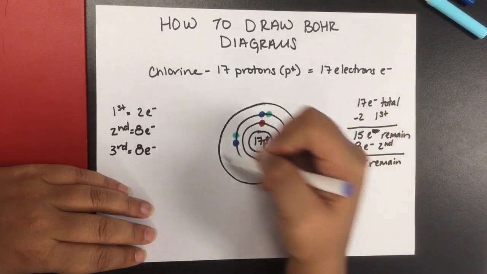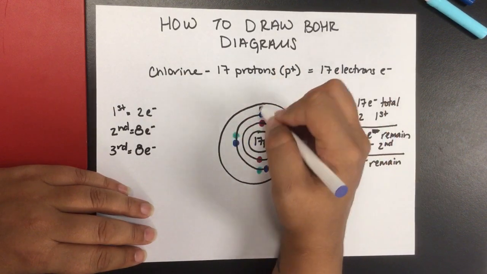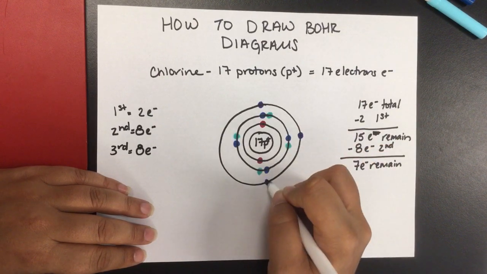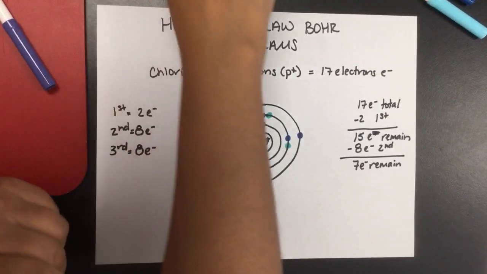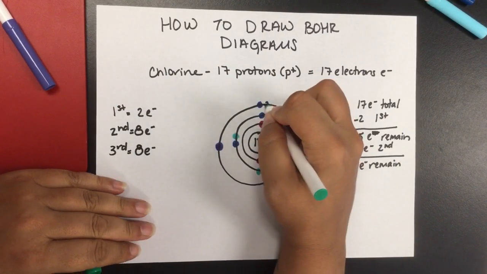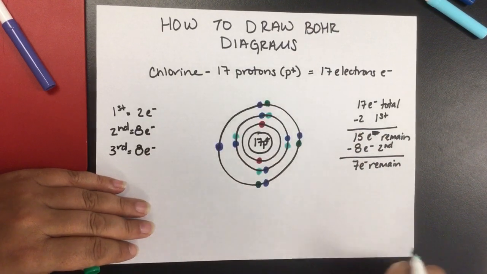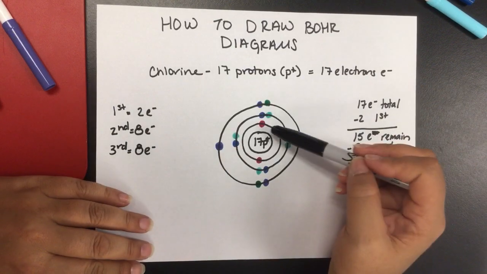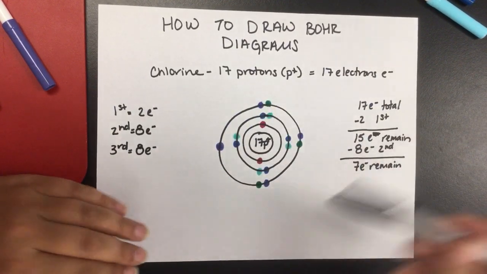I'm going to go all the way around at 12, 3, 6, and 9 before I start to pair. So I got 1, 2, 3, 4, 5, 6, 7.